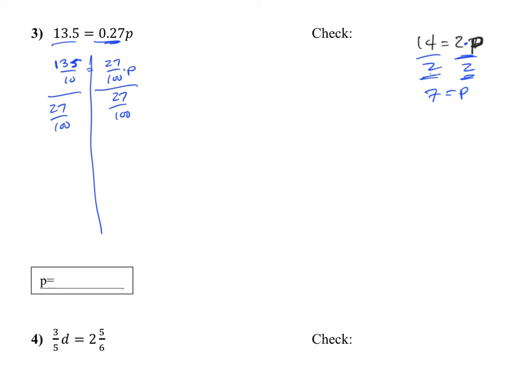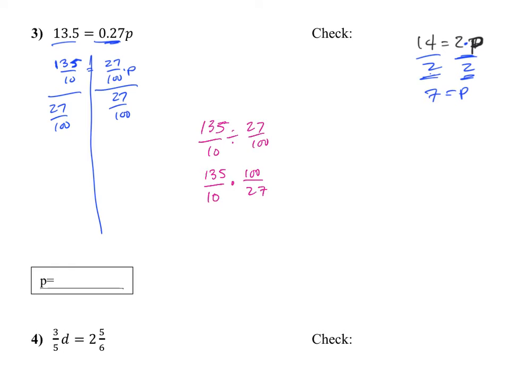So I'll do the math over here to the right. If I have 135/10ths divided by 27/100ths, then I'm going to rewrite that as 135/10ths times 100 over 27.